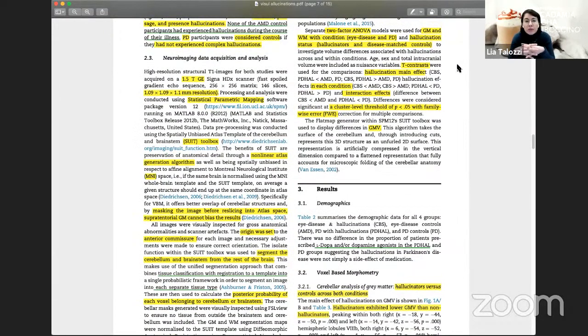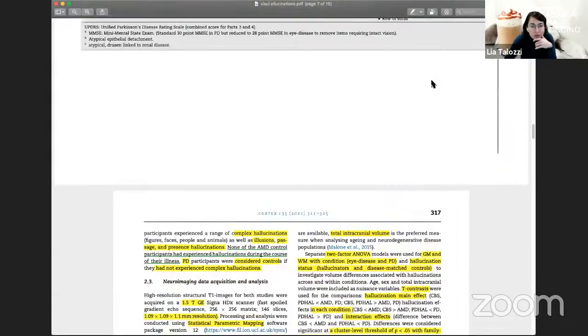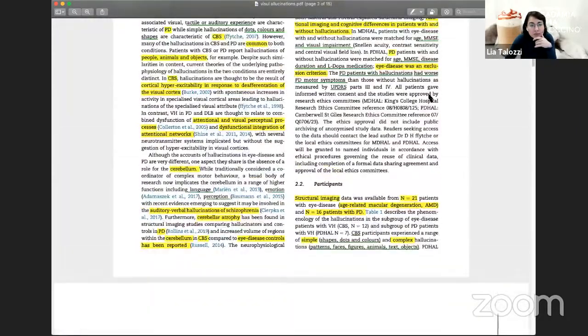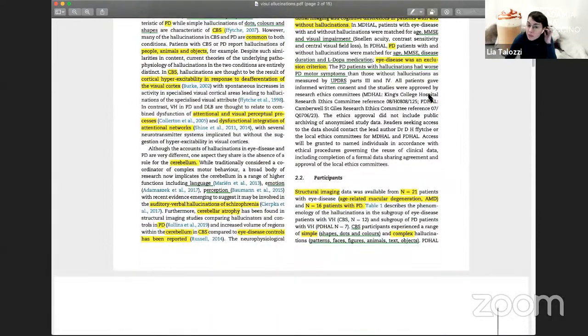And then they compared. So the study group is not really a sizable group, 21 patients, of which 16 were Parkinson's disease. And so you have this group of about 20 patients, then divided into Parkinson's disease and Charles-Bonnet syndrome.